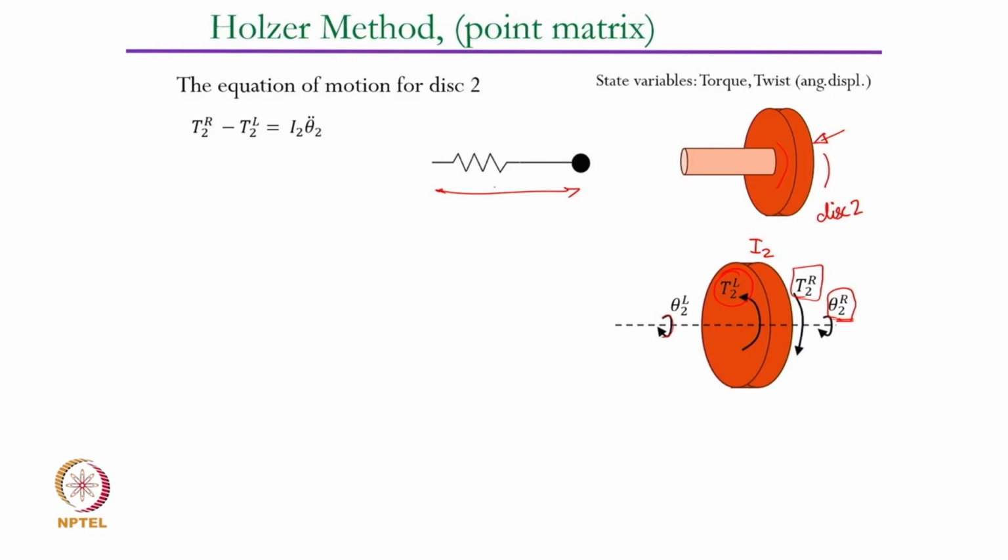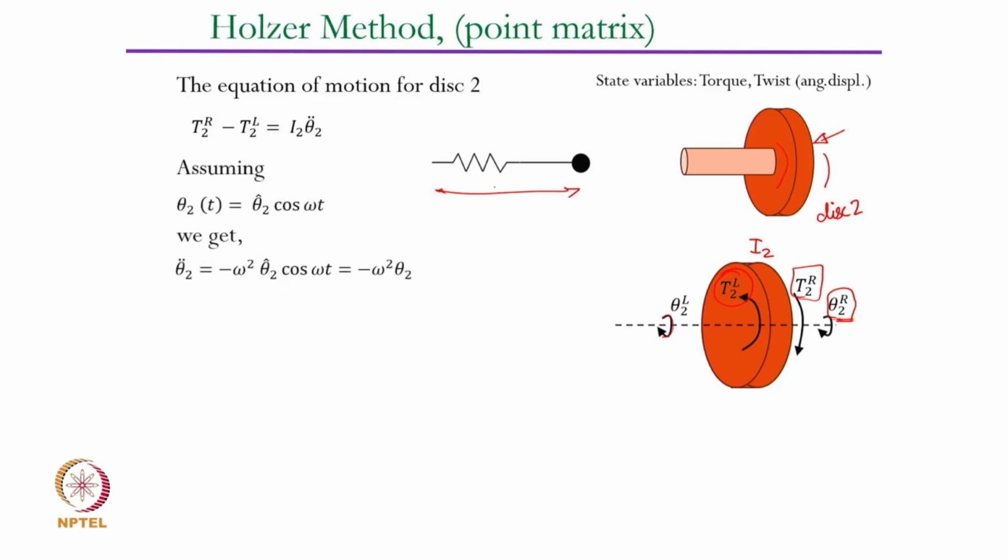So I2 times theta 2 double dot is going to be equal to the net torque which is going to act on it. So T2R minus T2L will be equal to I2 theta 2 double dot. That is the straightforward simple dynamic equation that we have here.